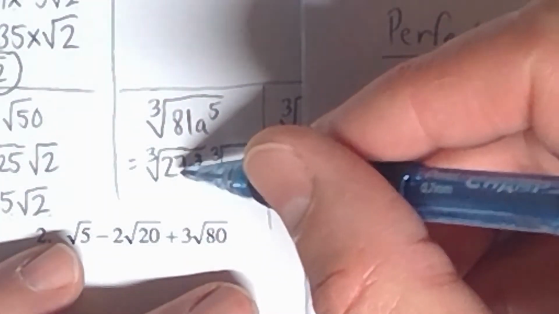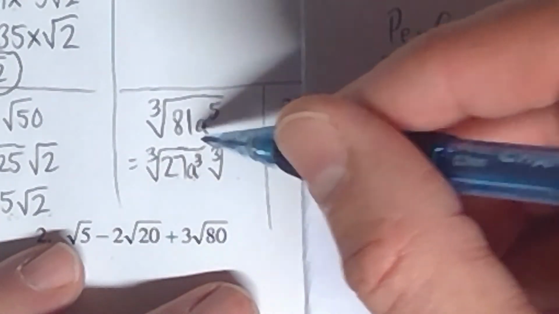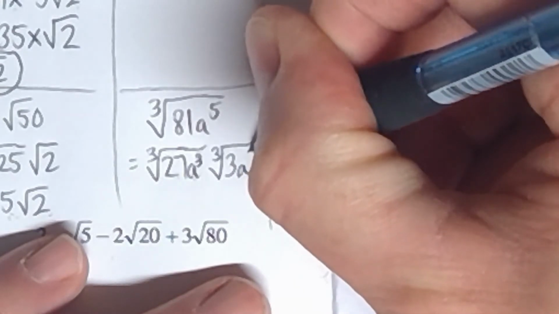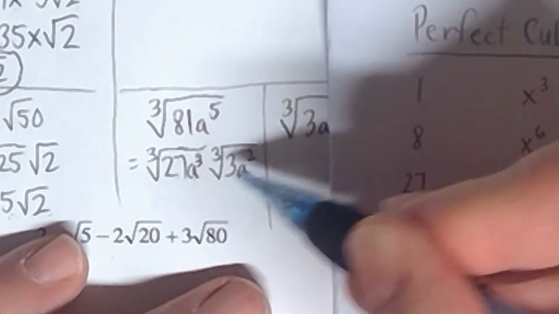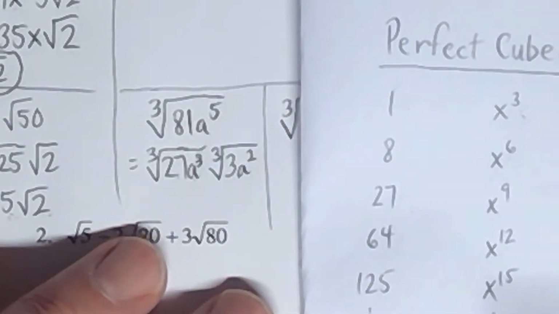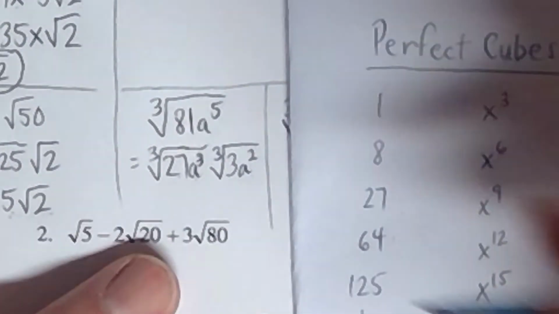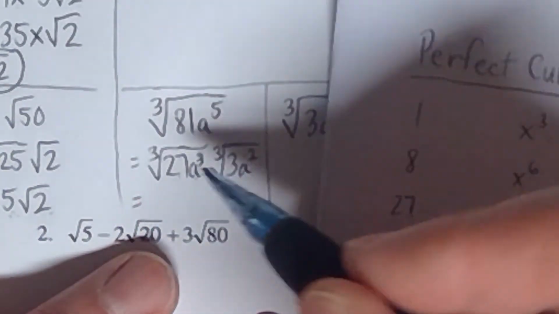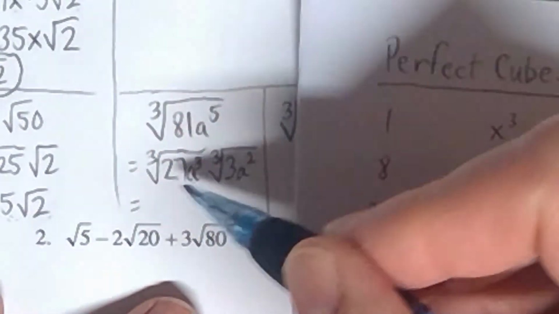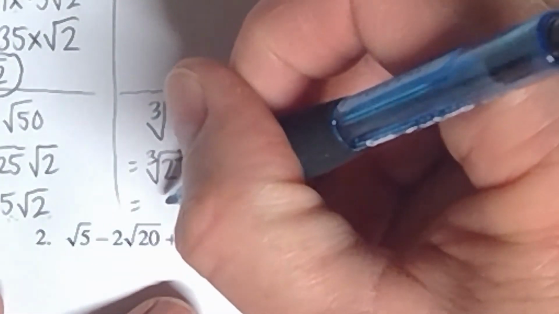And so what does 27 a to the third get multiplied by to equal 81 a to the fifth? 27 times 3 is 81. A to the third and a squared are equal to a to the fifth, since 3 plus 2 is 5. And so we then figure out what the first radical is equal to. What do you have to cube to get 27a to the third?